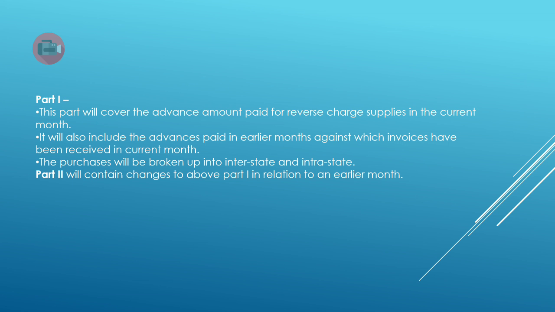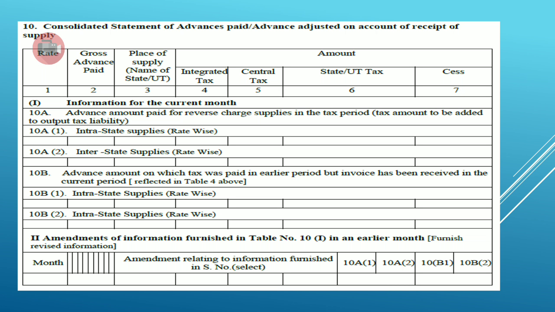It will also include the advance paid in an earlier month against which invoices have been received in the current month. The purchases will be broken up into interstate and intrastate. Part 2 will contain changes to the above Part 1 in relation to the earlier month.